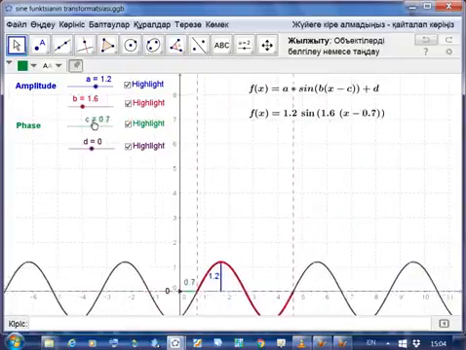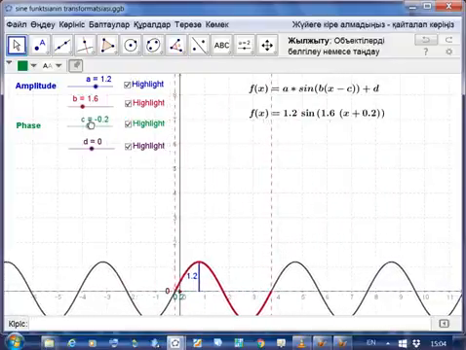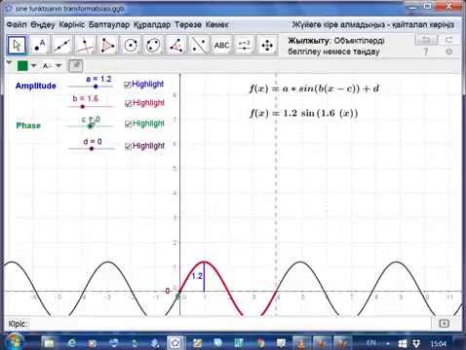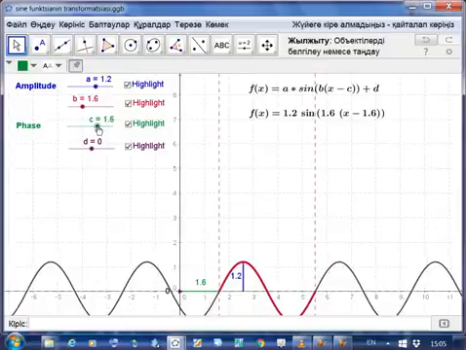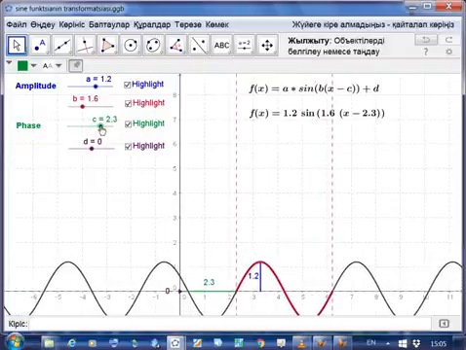As you see, when c is 0, it's the sine function. Now as we subtract numbers here, minus 1 over 1.6, the graph is shifted to the right side.